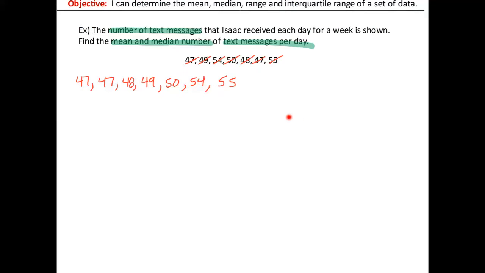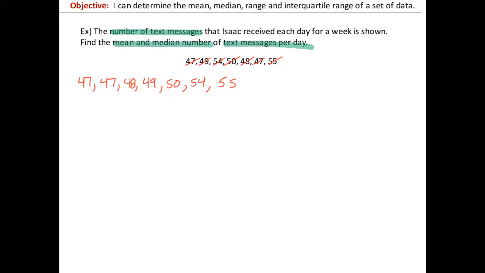Alright, so for the mean, we've already kind of seen how to do this for prior knowledge. To calculate the mean, you want to add all of those together. And then you're going to divide by how many numbers you have. We have a total of 7 numbers. So can you guys go add for me 47 plus 47 plus 48 plus 49 plus 50 plus 54 plus 55.